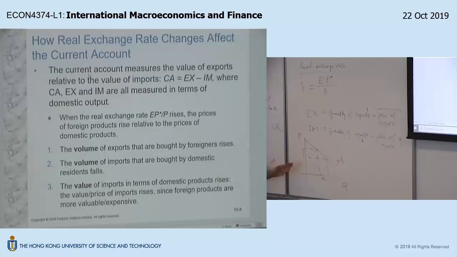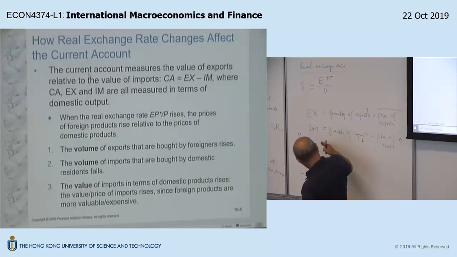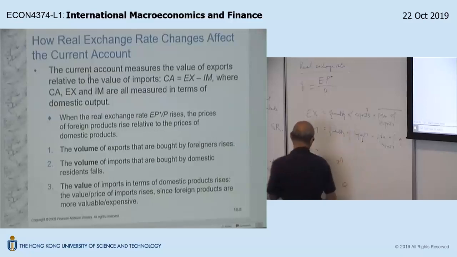If the elasticity is very low, this would mean that the demand curve is very steep. The price elasticity is very, very low.